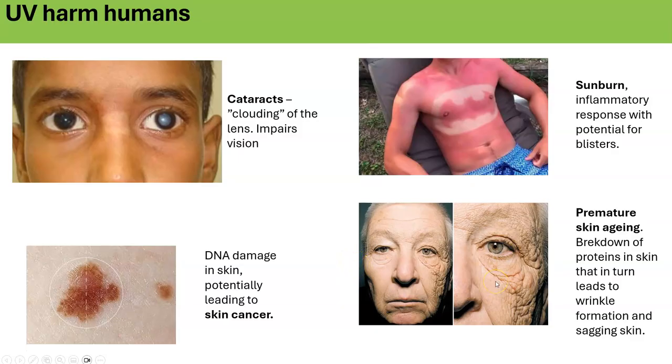So basically, the proteins in your skin, like collagen and elastin, that give the springiness and sponginess and suppleness of the skin, break down due to UV light, and you will get wrinkle formation and sagging skin. So premature aging. So skin cancer, cataract, sunburn, and premature skin aging are the ways that UV harms humans.